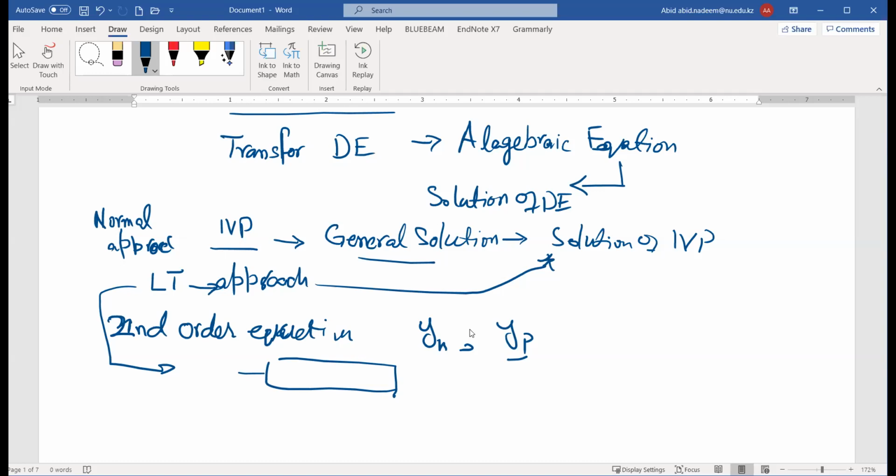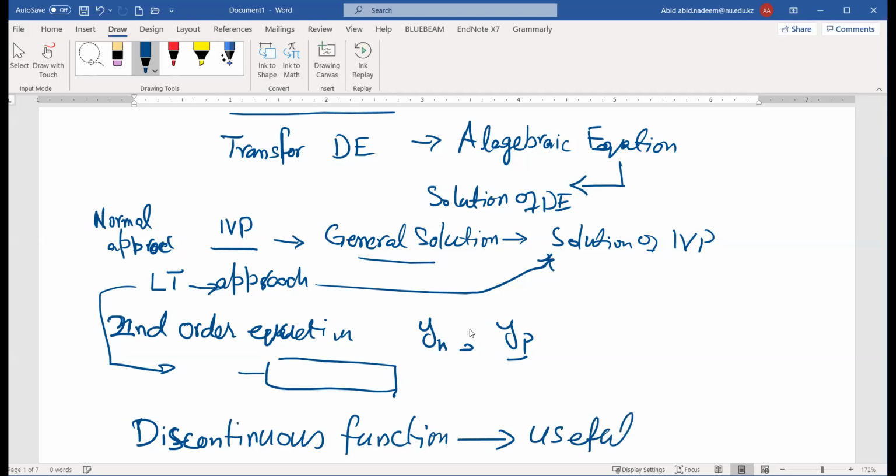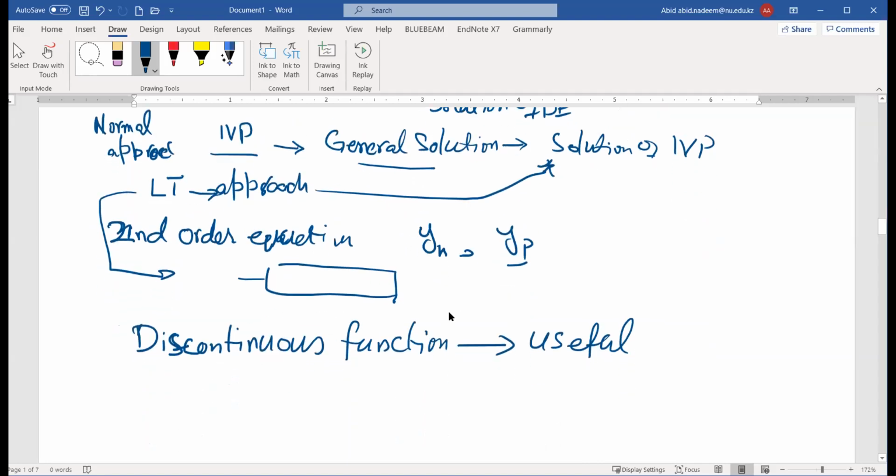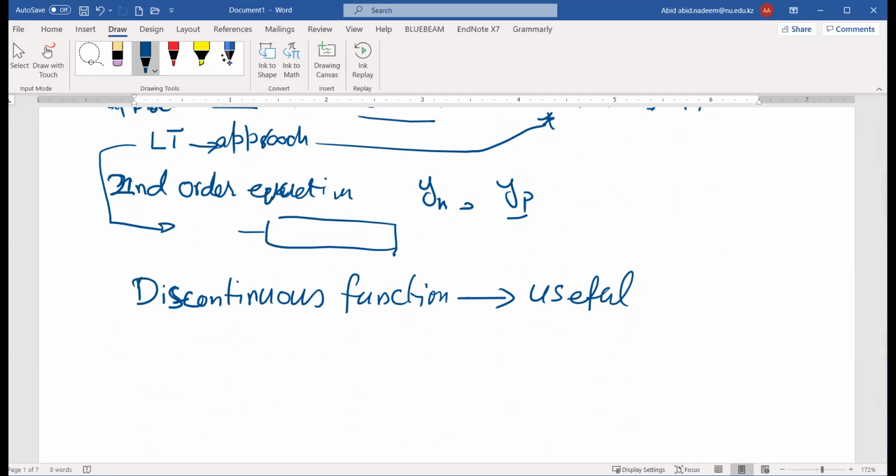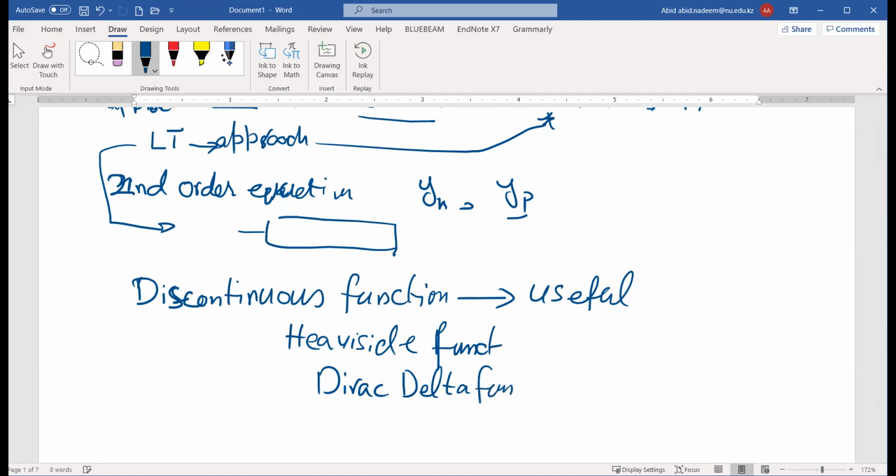This type of approach, the Laplace transform, is also especially useful for discontinuous functions. We will learn about functions such as the Heaviside function and the Dirac delta function.